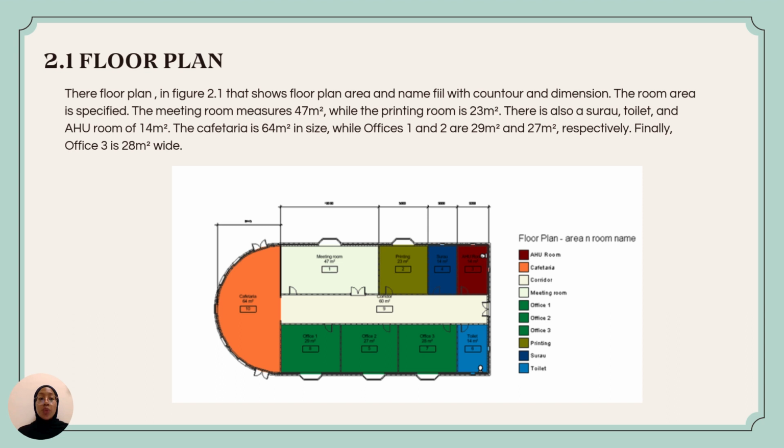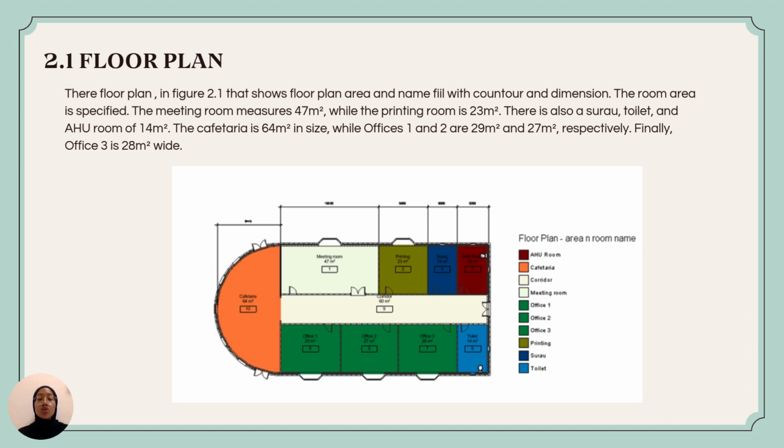So 2.2, floor plan. In figure 2.1, they show the floor plan area and name filled with the contour and dimension. For the room area, it is specified. For example, I put the meeting room measure is 47 meters square, while the printing room is 23 meters square.